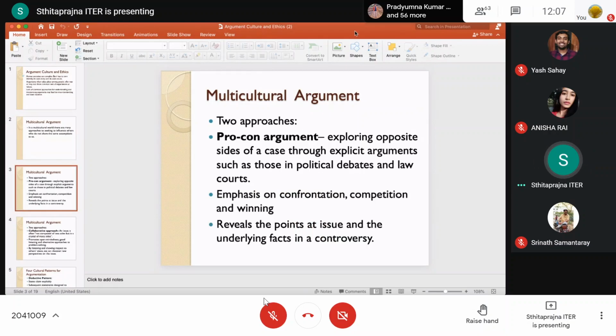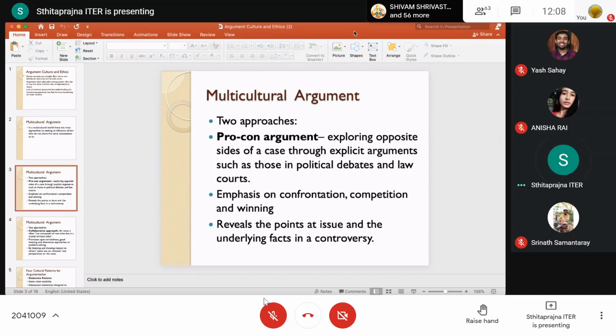Now we will talk about two approaches. The first one is the pro-con argument. In the pro-con argument, as the name suggests, we explore the opposite sides of a case. So either it's the pro or the con. You take a position.